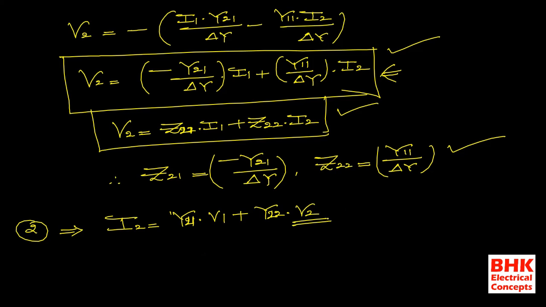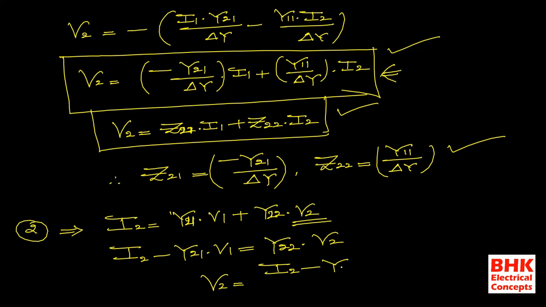Now we need to get the expression of v2 from this expression. So for getting the value of v2, I2 minus y21 into v1 is equal to y22 into v2. Now from this expression we can write v2 is equal to I2 minus y21 into v1, divided by y22. Now assume this is equation number 4.